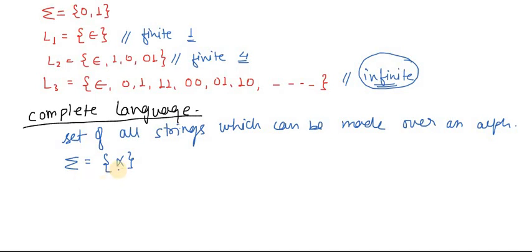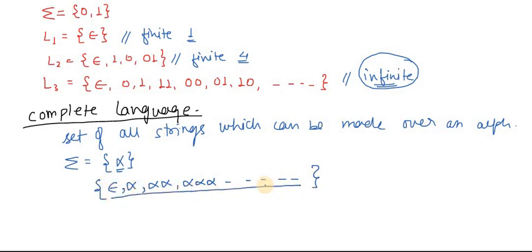How many strings can I make over this symbol alpha? I can make one string with length 0, that is epsilon. Another string with length 1, that is alpha. Another with length 2, that is alpha alpha. Another with length 3, that is alpha alpha alpha, and so on. If I take the set of all these strings, then I will get what is called a complete language.